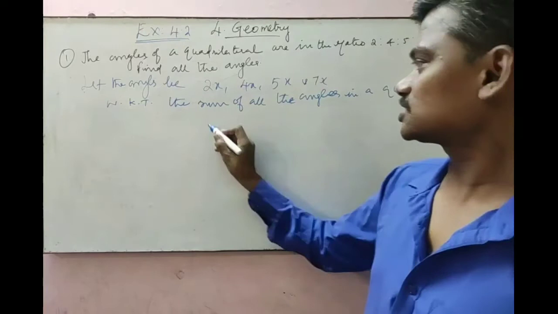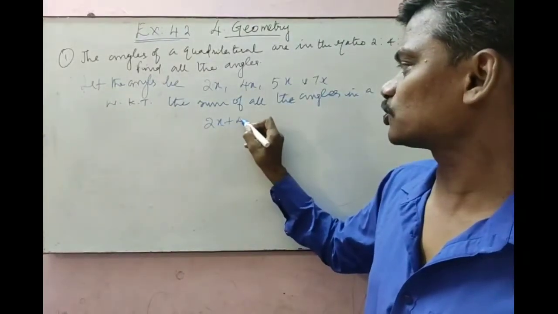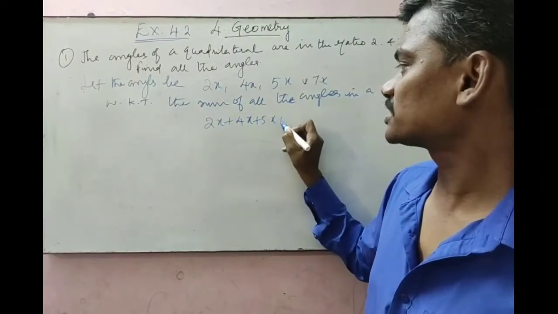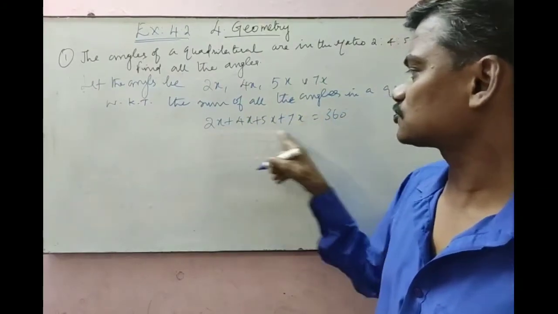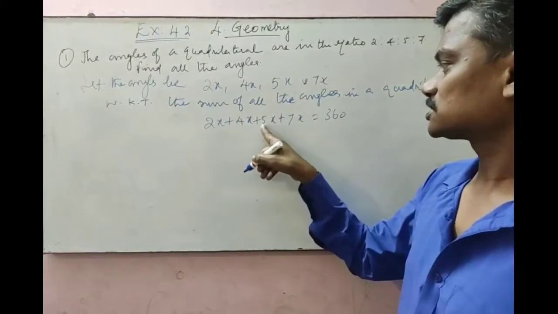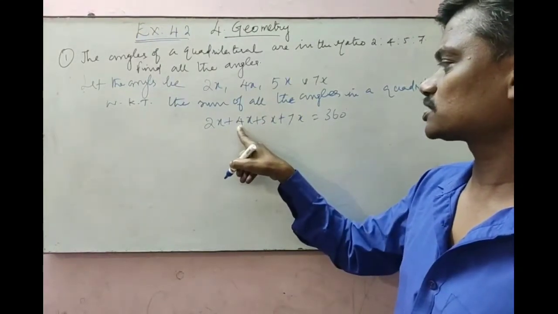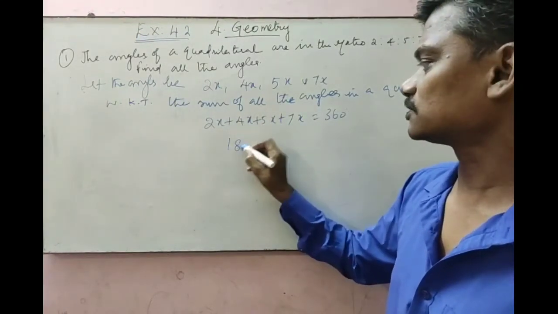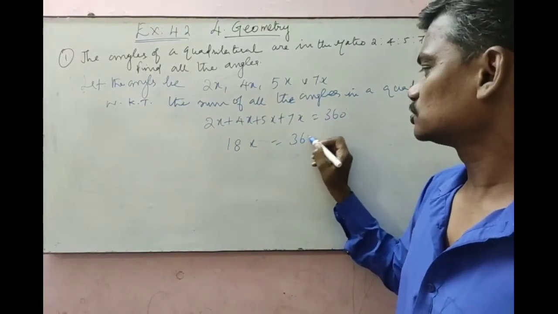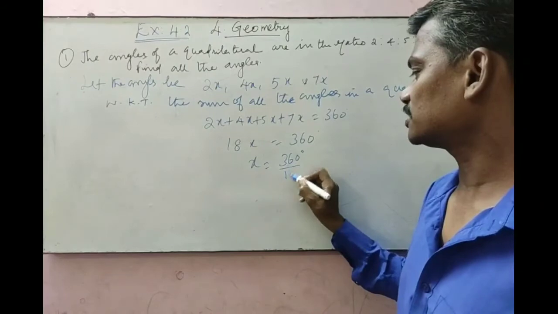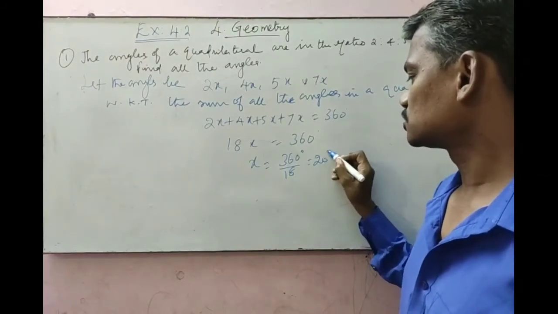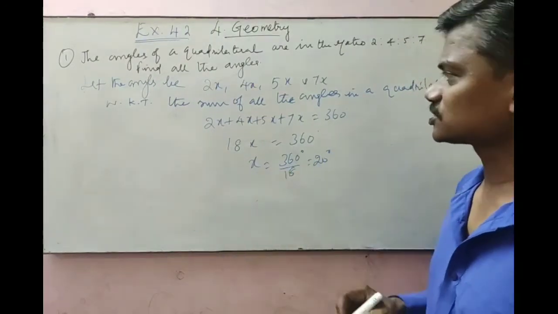So if I add these four angles, 2x plus 4x plus 5x plus 7x equals 360. If you add these four, you will get 7 plus 5 is 12, 12 plus 4 is 16, 16 plus 2 is 18. 18x is equal to 360. So x is equal to 360 divided by 18, which gives 20. So the value of x is 20.